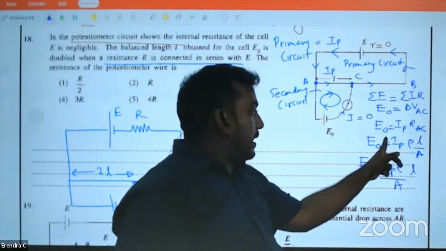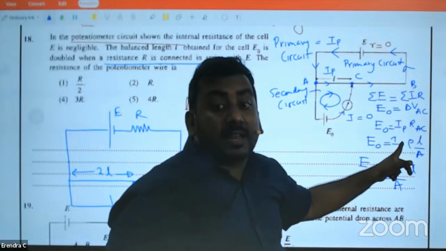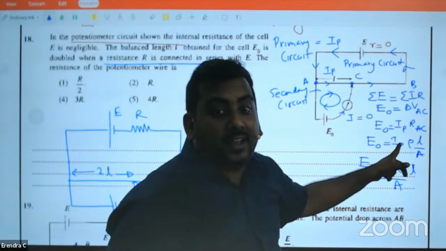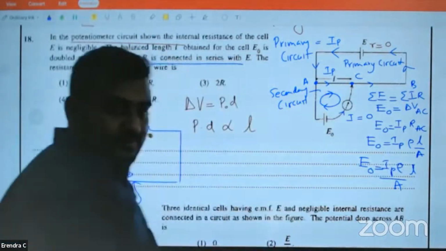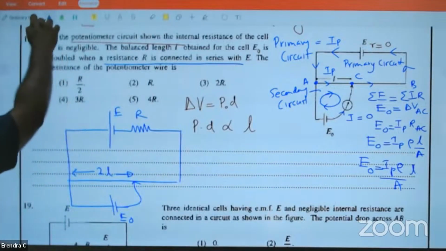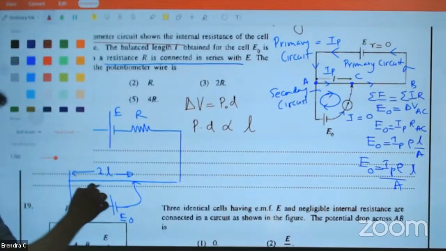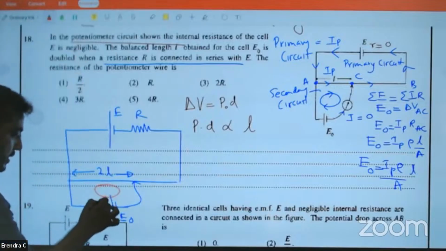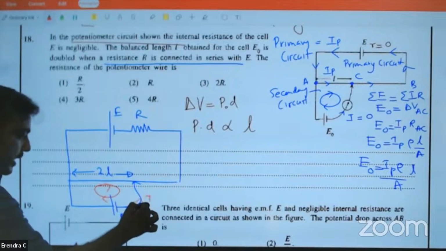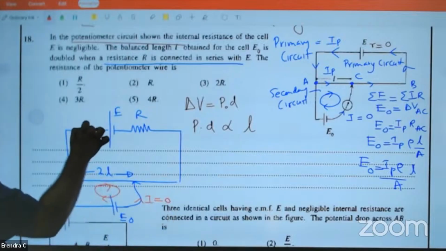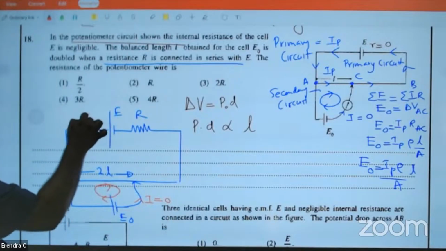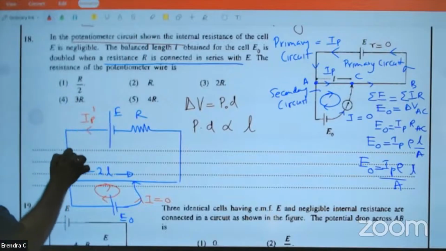This has doubled because the primary current has become different. E naught is the same. If I apply Kirchhoff's law here, again there is no current in the secondary; only the primary current is flowing, but a different primary current, IP dash.